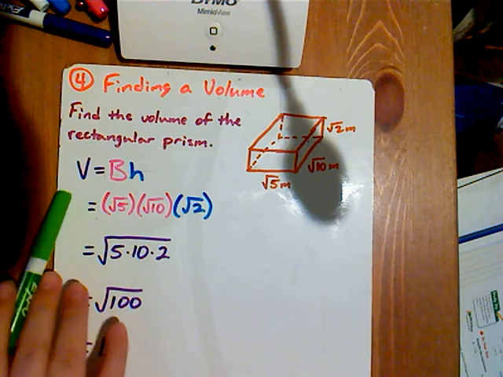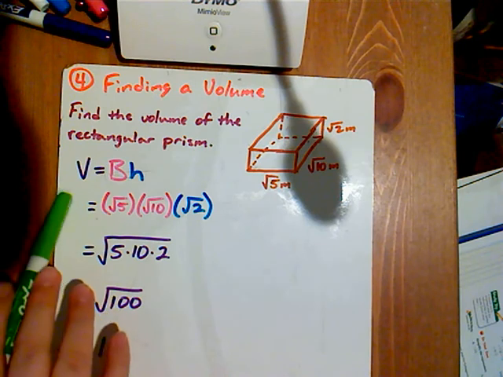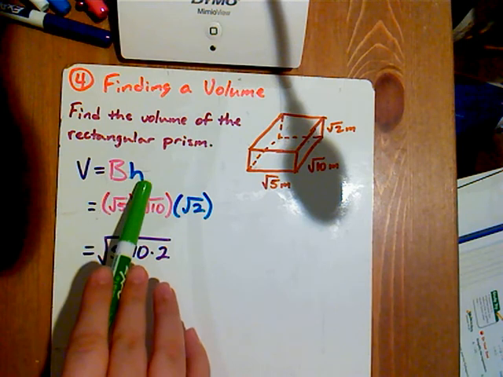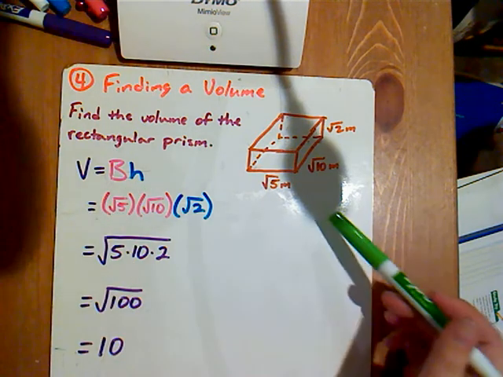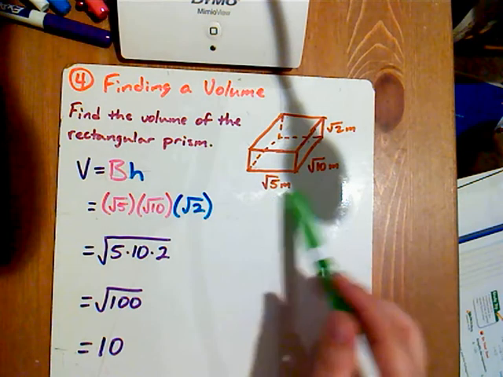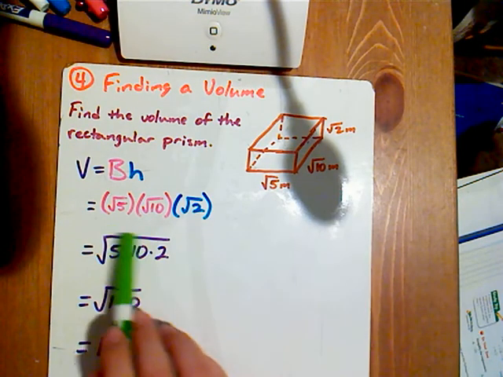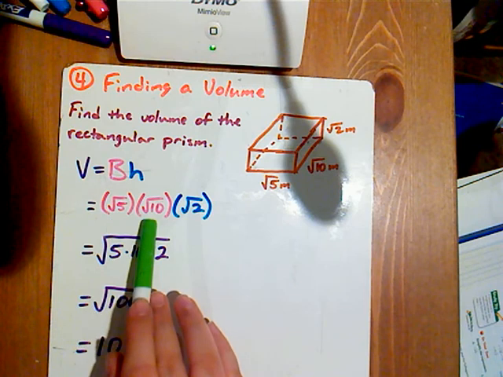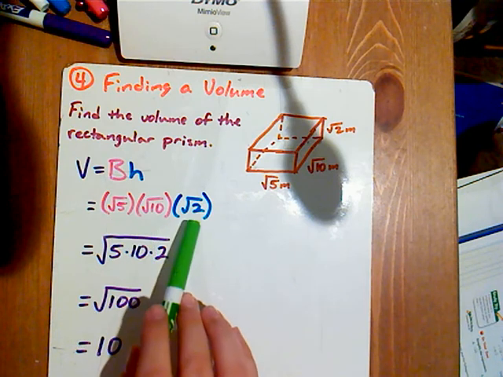The formula for volume, if you remember from last year, is V equals the area of the base times the height. Our base is a rectangle, so we take length times width. We multiply the square root of 5 times the square root of 10, and then multiply that by the square root of 2 for our height.